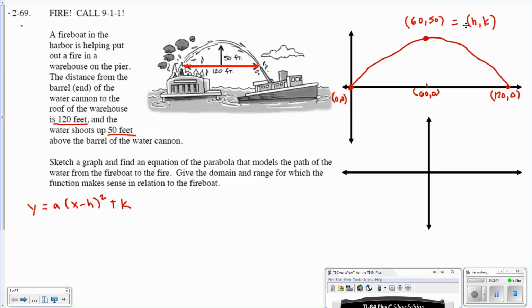Well, now that we've identified our vertex already as being the point 60, 50, we can substitute those values in. We have y equals a times x minus 60 squared plus 50.